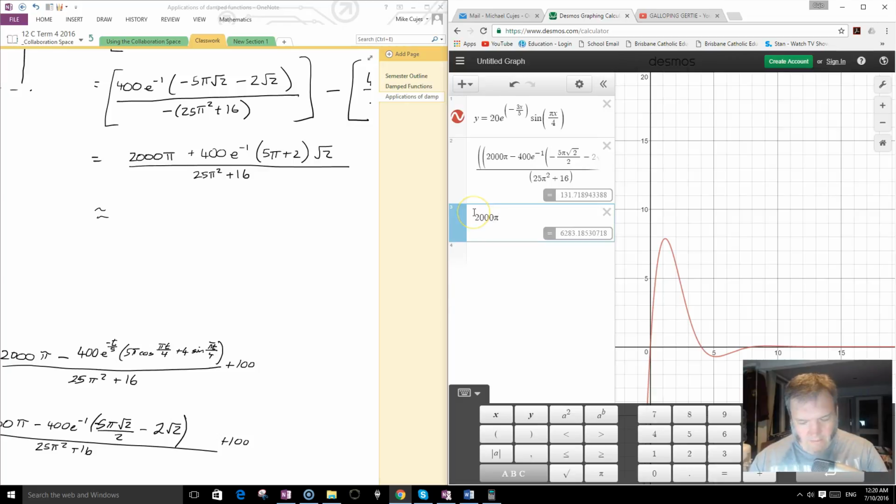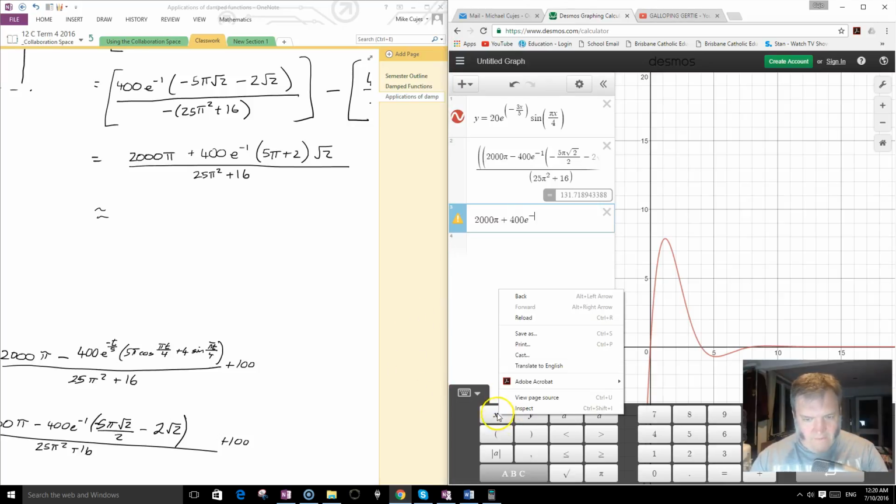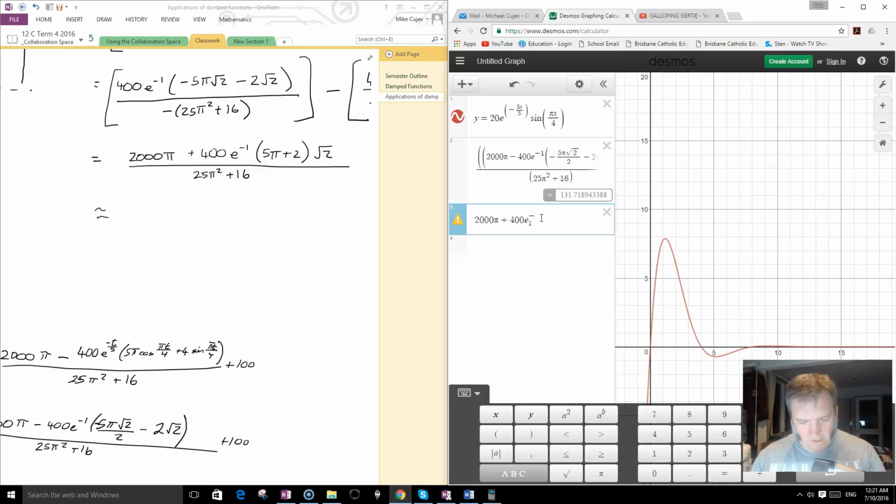2000 pi plus 400 e to the power of negative 1. Go away. Oh, okay. Giving me a subscript. How annoying. That's better. 5 pi plus 2 root 2.